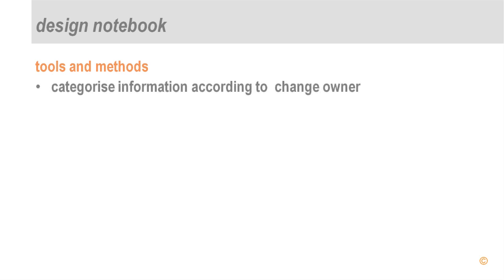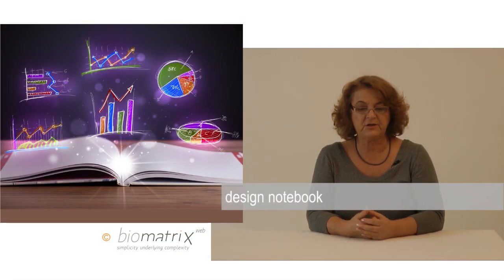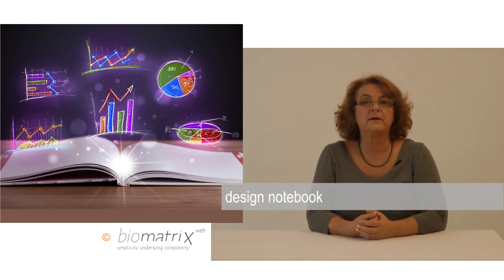A second form of recategorization involves categorizing according to the change owner. What we mean by that is the system or subsystem or person that can actually do something about the change. For example, if I'm an HR manager, one of my core problems may be something that doesn't work for me from the IT system.